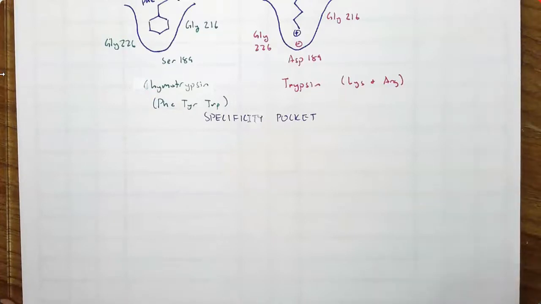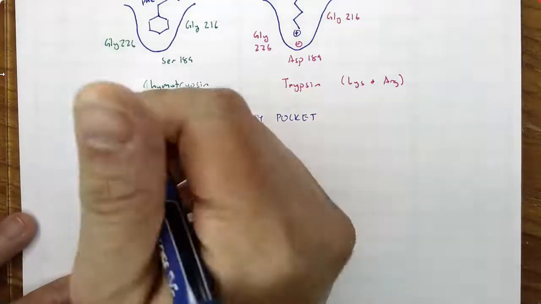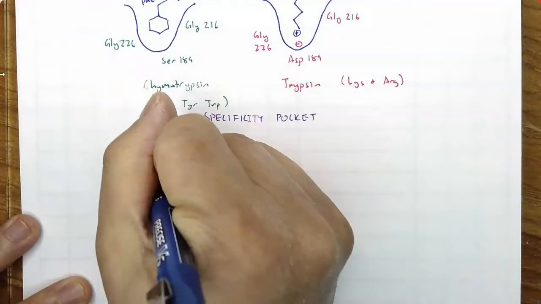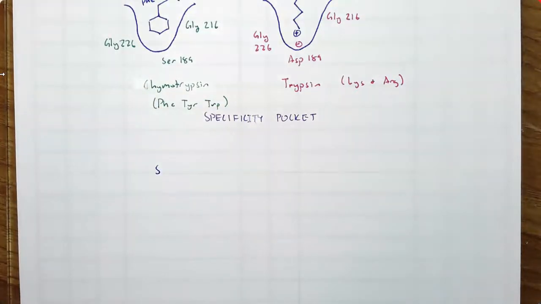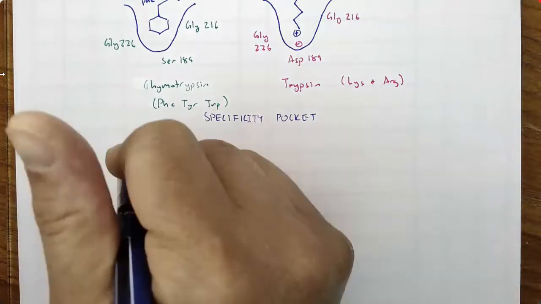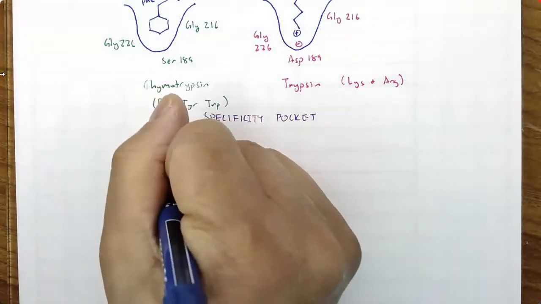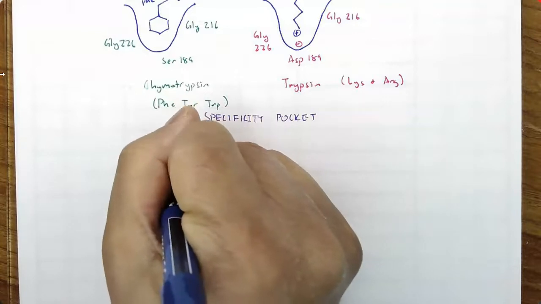Next, we are going to draw a reaction coordinate for a reaction where we have a very simple process. We'll take substrate going to product.